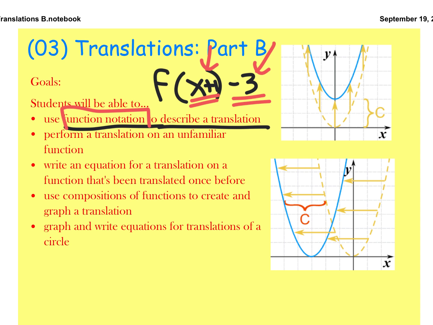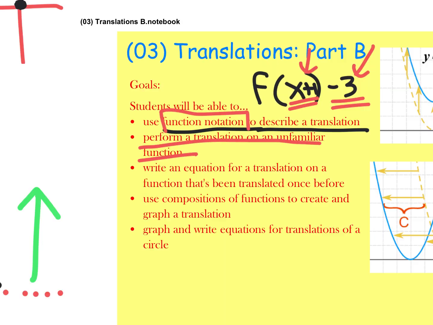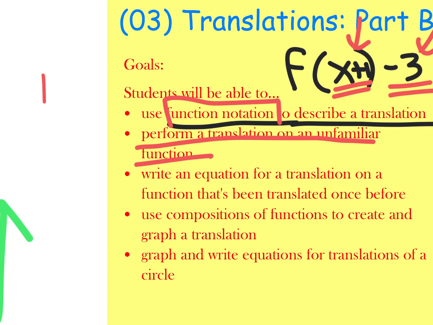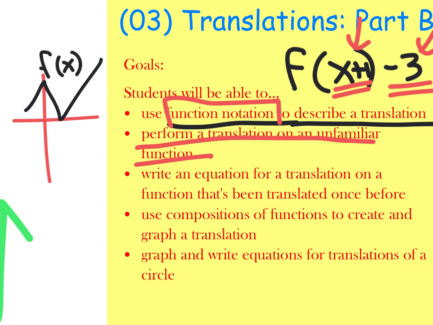All right, so next, perform a translation on an unfamiliar function. That really is talking about if I make a little weird sketch like this and say that's f of x, you don't know what the equation is and you don't have to, but it goes forever in that direction, but it's got like a little dot on this end. Okay, so there's my function. What if I said I wanted to move it down 3?